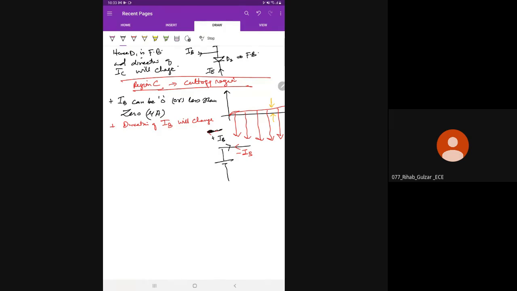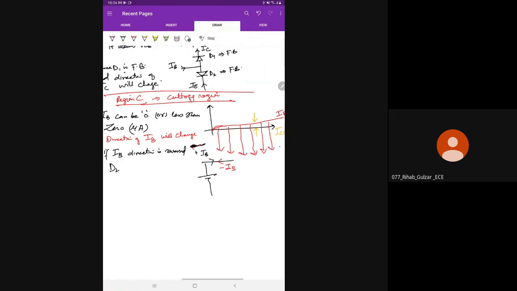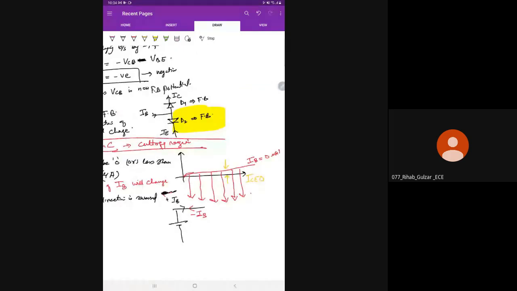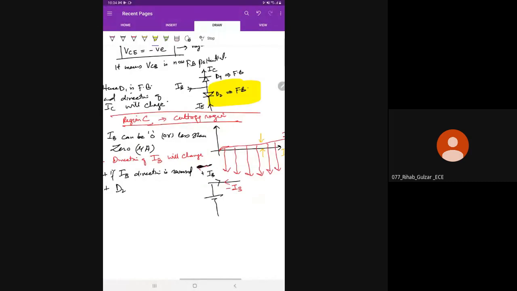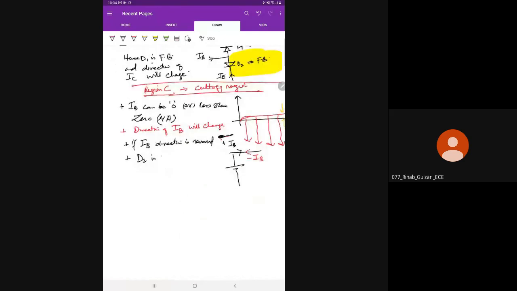So if the direction is reversed, then D2, where is D2? D2 is this one. It means D2 is reverse biased. In cutoff, the base-emitter junction is reverse biased.